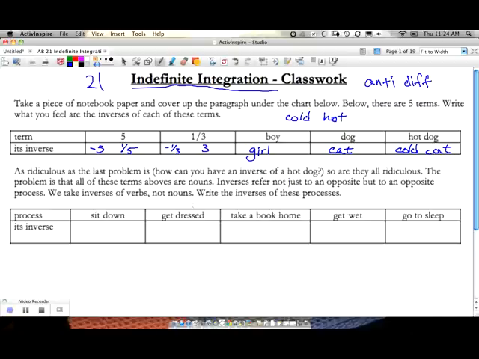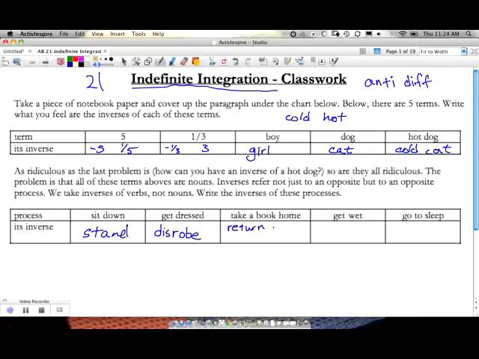So this idea is just trying to get your brain to think of things in a reverse or inverse order. So let's look at these processes and work them backwards the same way. Sit down, the inverse would be stand. Get dressed, well, the inverse of that would be disrobe or get undressed. Take a book home, this is open to interpretation here.